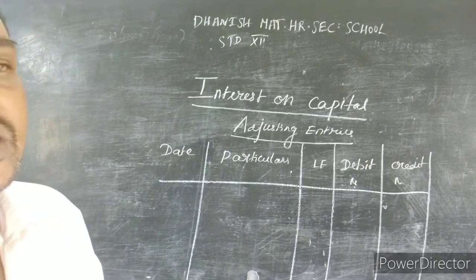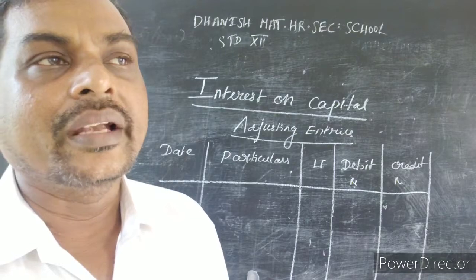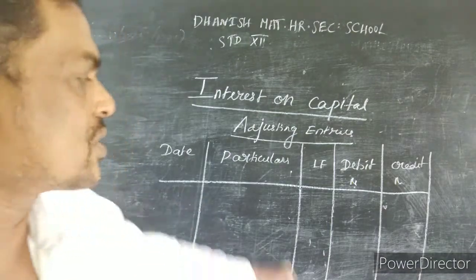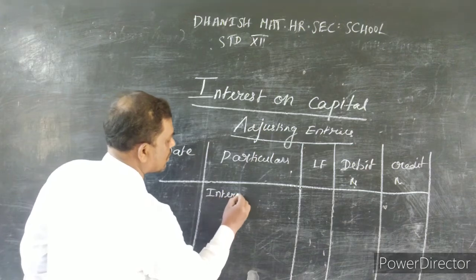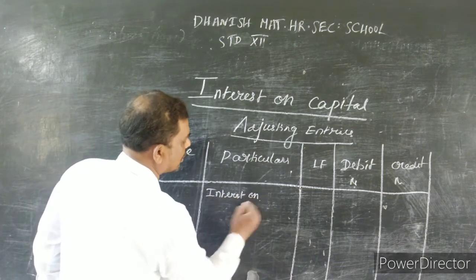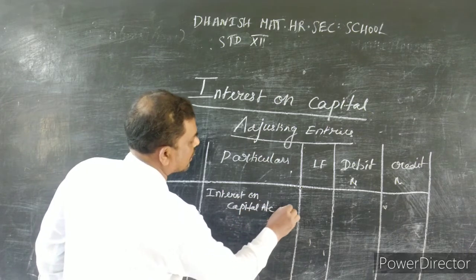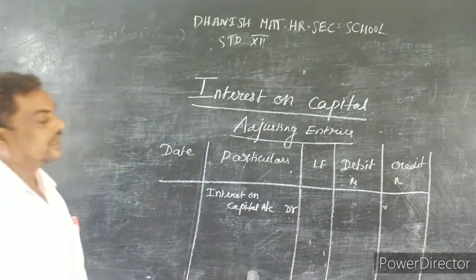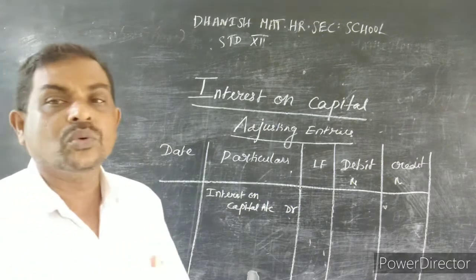You must write the interest on capital adjusting entry. Here the interest on capital is an expense, so we have to debit interest on capital account. Interest on capital account debtor.